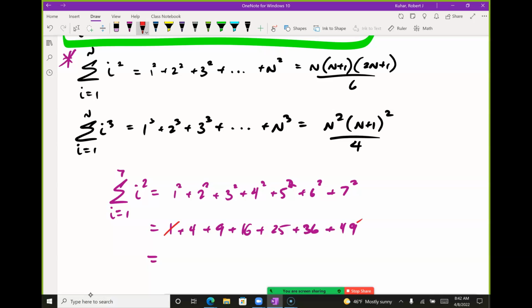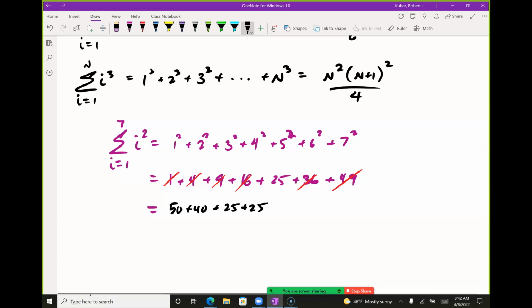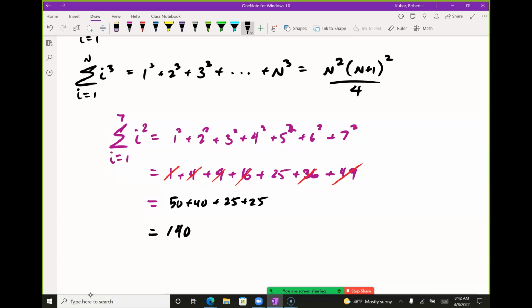So I get 50 plus 40 plus 25 plus 25. So 140. So that was my left-hand side of the equation.